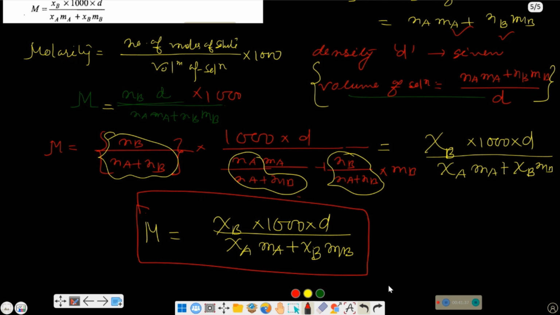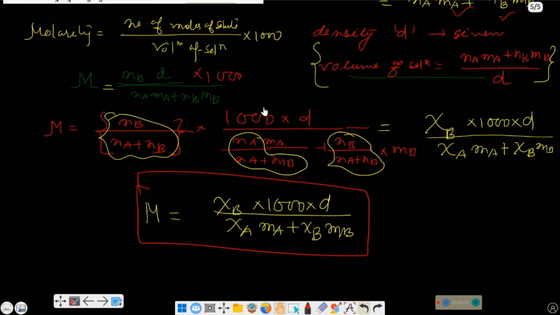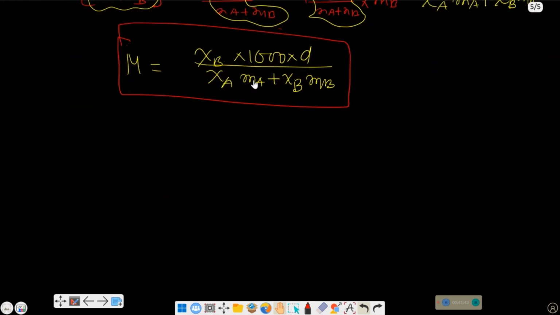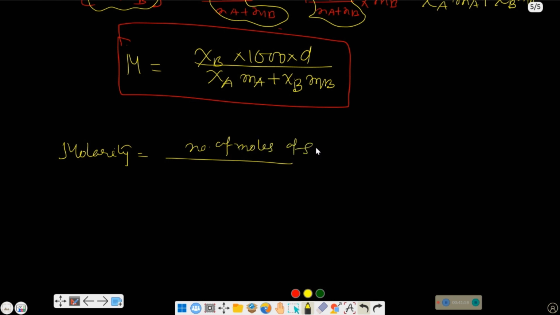So today we have studied what molarity is: molarity equals number of moles of solute divided by number of liters of solution.